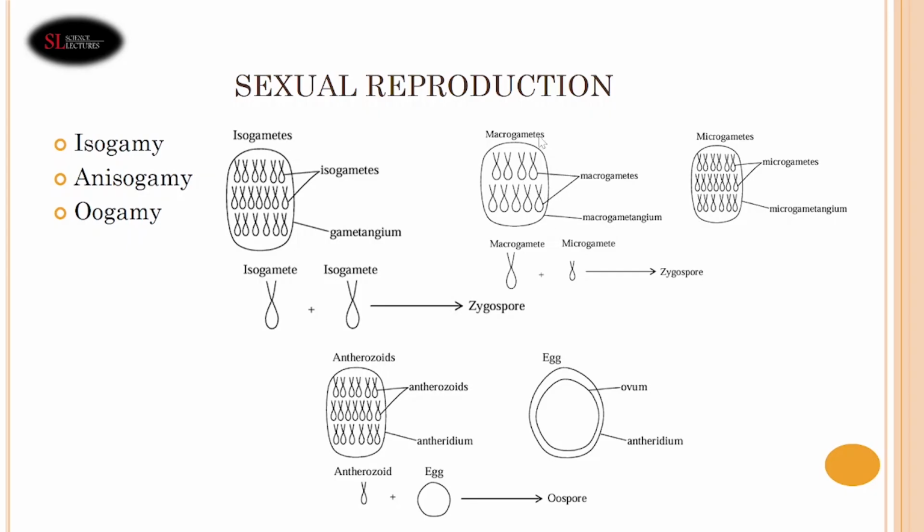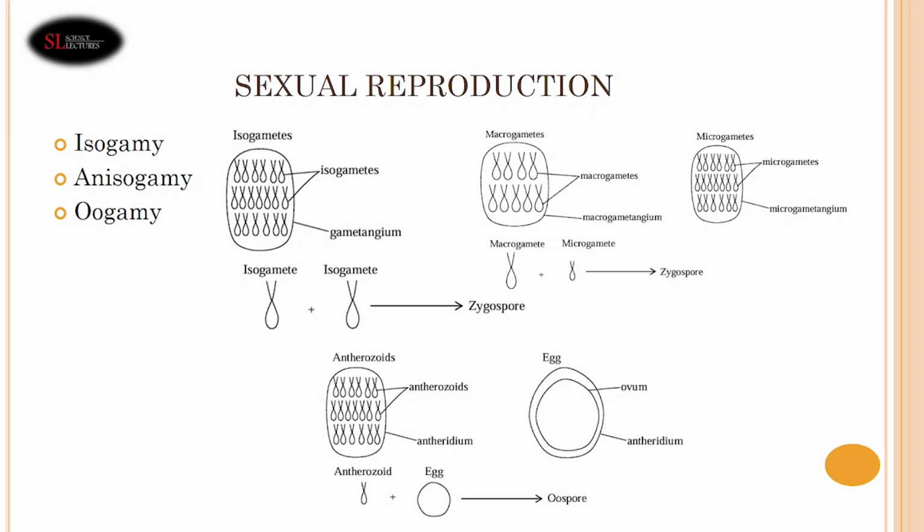The macrogametes are produced in a macrogametangium, while the microgametes are produced in a microgametangium. When a macrogamete fuses with a microgamete, we form a zygospore.